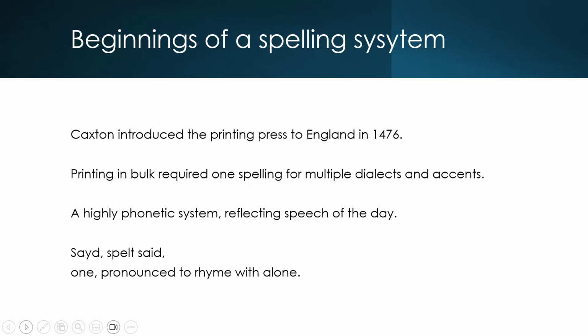So spelling 500 years ago was highly phonetic, at least for the chosen accent, with very few words that would be called exception words today. Said was pronounced said and spelt accordingly. One was pronounced own, like alone and only, until the early 1800s.